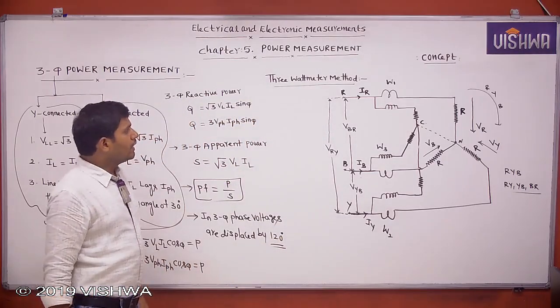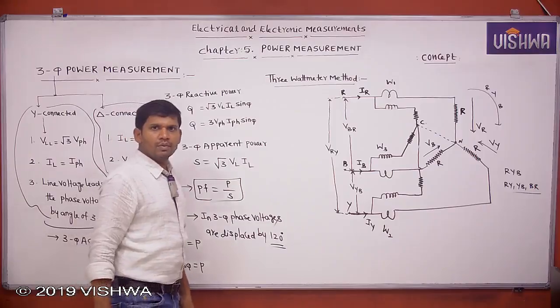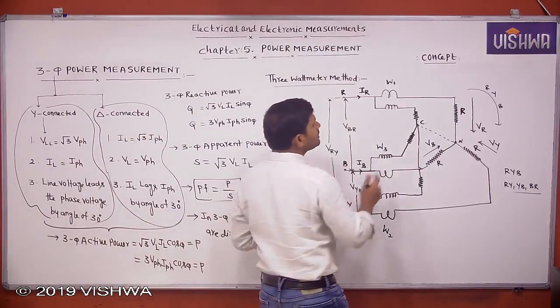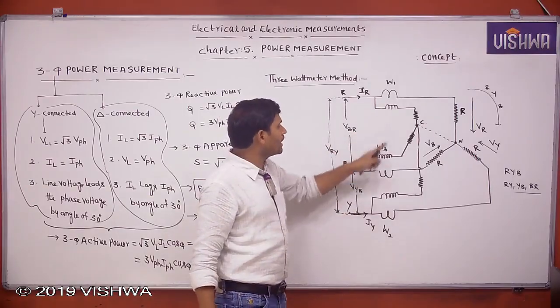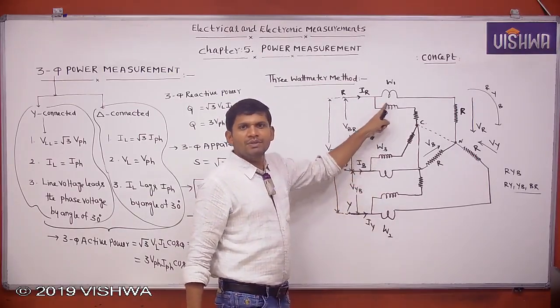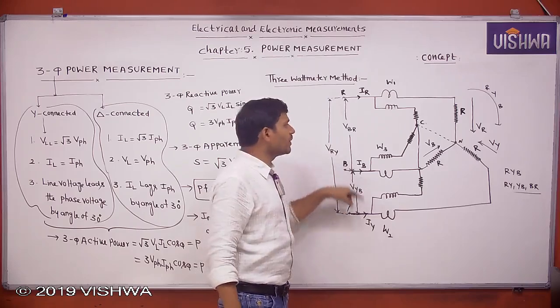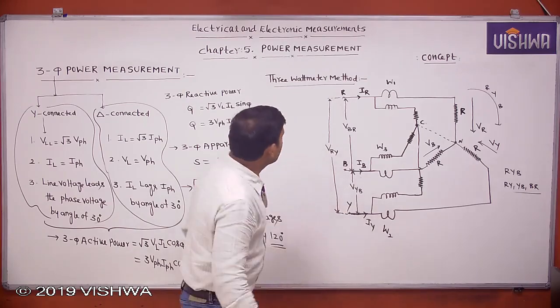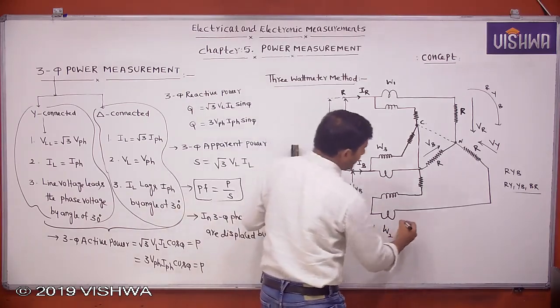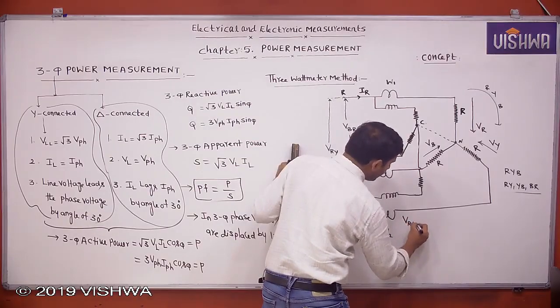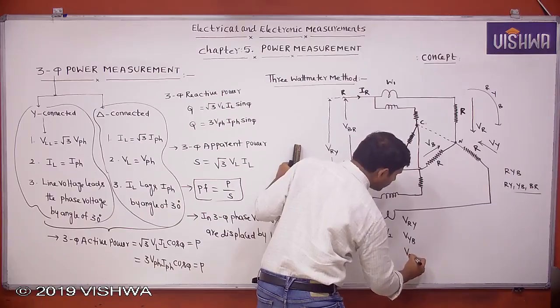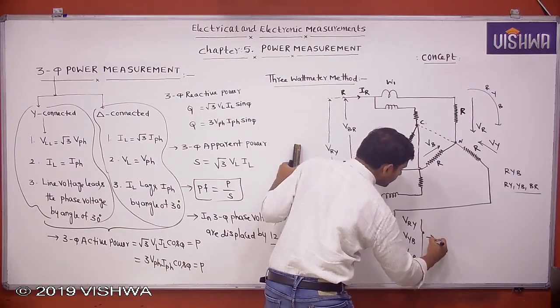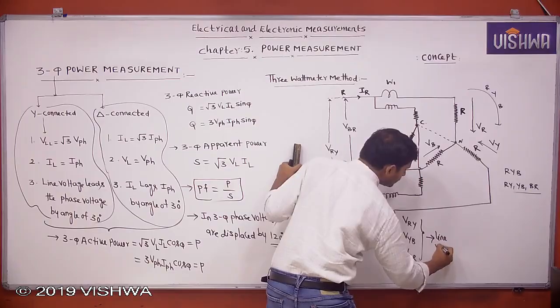Now, to measure the three-phase power, let's assume that if the neutral point or common point is available, for each phase we can connect one wattmeter. The sum of the three wattmeter readings gives the three-phase power. Now, VRY, VYB, VBR, what are these voltages?